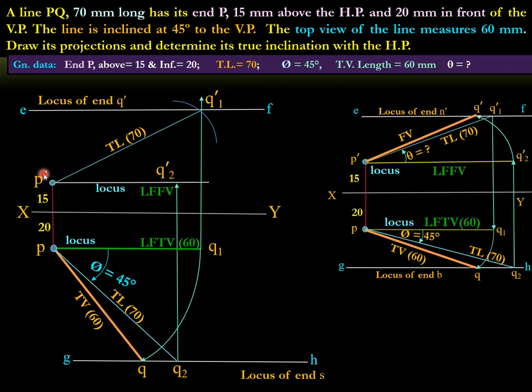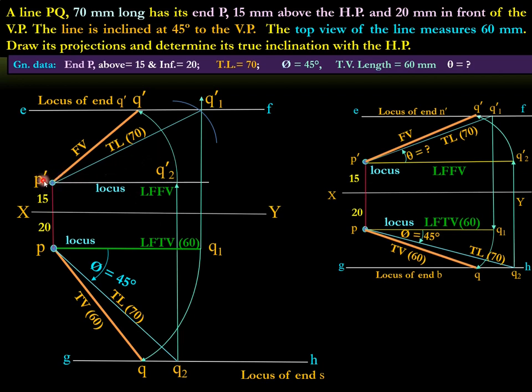With p dash as center and p dash q2 dash as radius, draw an arc in the upward direction to intersect with the topmost locus line. Name the point of intersection as q dash. Join q dash with point p dash, which will give us the final front view.